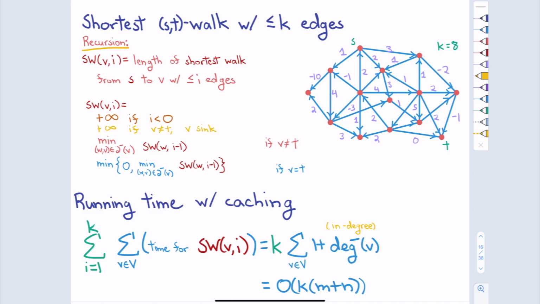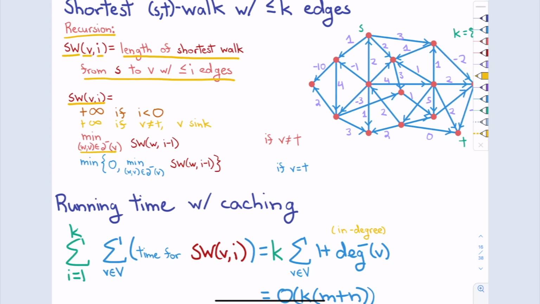So we'll define SW, which stands for shortest walk, v, i, to be the length of the shortest walk from s to v with at most i edges. And the code is adding one edge at a time to each walk. So if I want to figure out how to get to v using 10 edges, I'll look at all the edges going into v. Sorry, there's a typo.